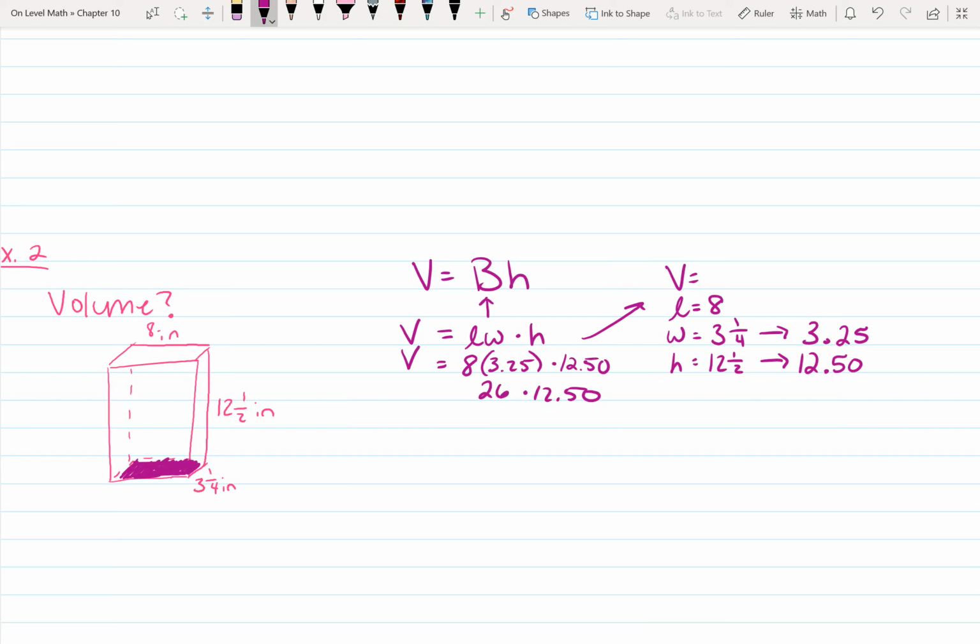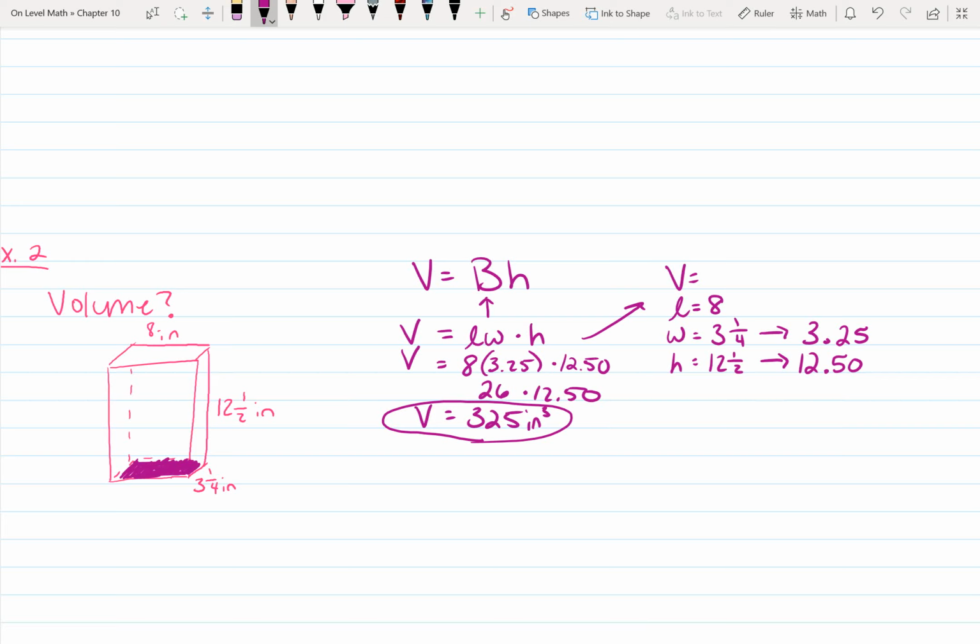So if you have a computation error on your quiz or test, I know exactly where you went wrong, and I can still give you partial credit. 26 times 12.5, we get 325 inches cubed. So again, the calculator is handy, but you still have to show all of this work in purple.